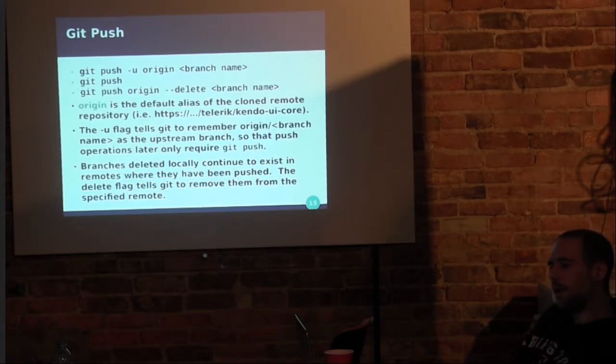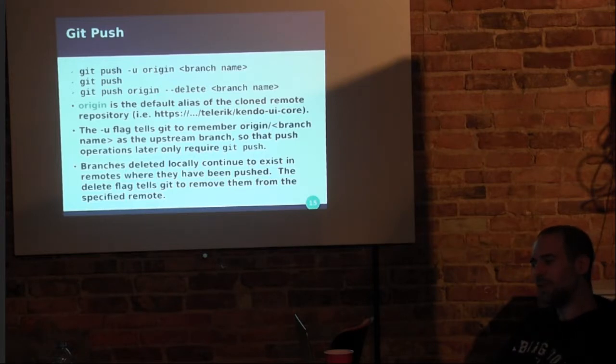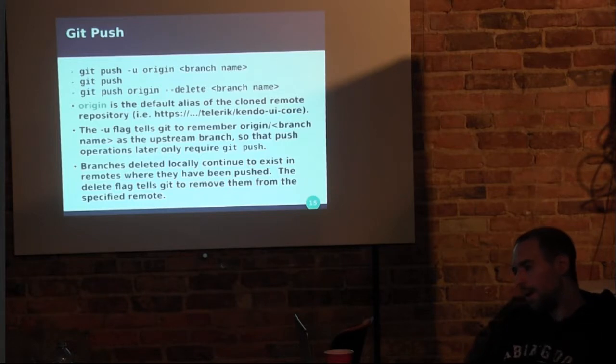Origin is a little noteworthy at this point because you've probably seen it a couple times. I know you're seeing it now, but I think a couple slides ago we had origin as well. It's an alias. Basically, when you clone a repository, it points to the address of that repository that you've cloned.